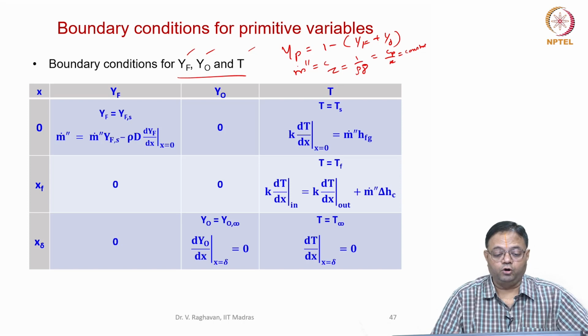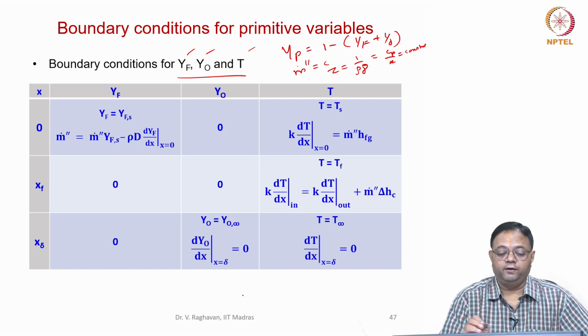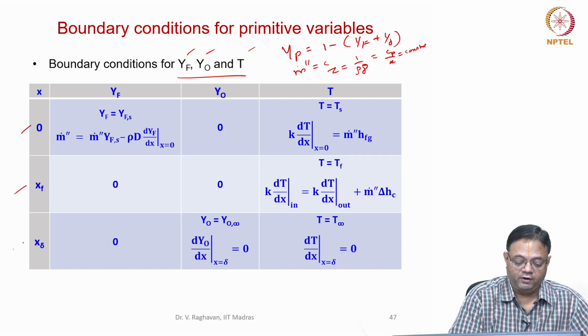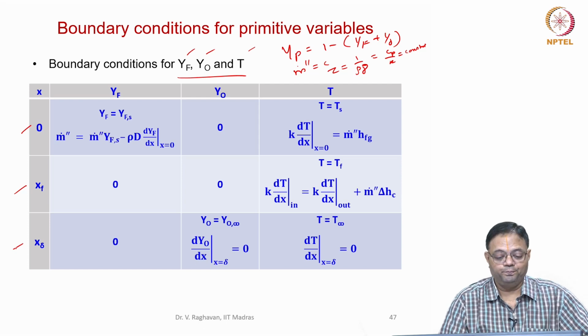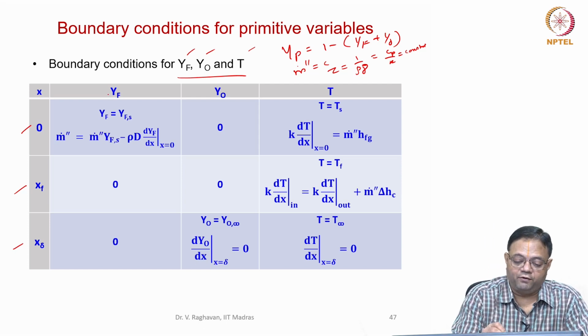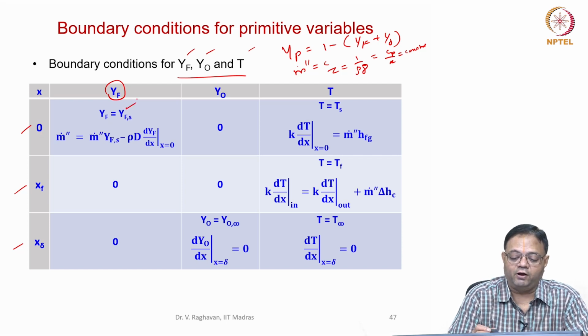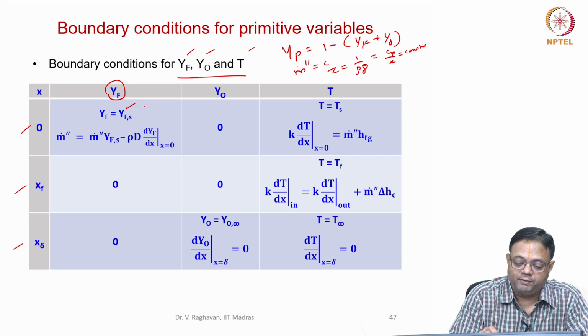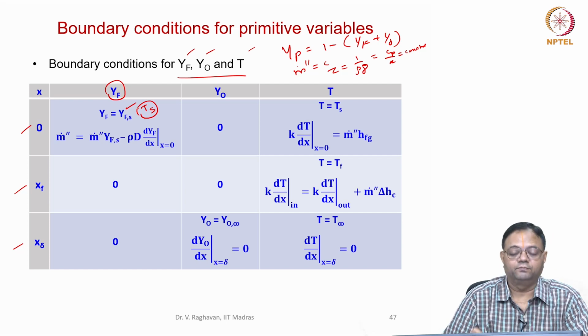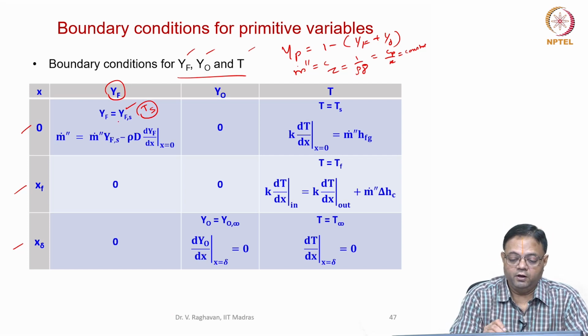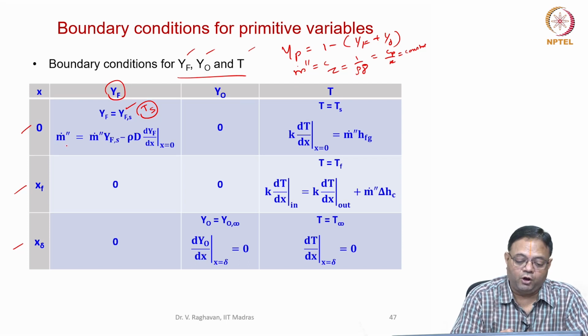That's it. So now boundary conditions: there are three locations, surface, flame and boundary layer. Take YF at the surface; it will have a value of YFS. This depends on surface temperature Ts. Then mass flux. What is the mass flux coming out of the surface?